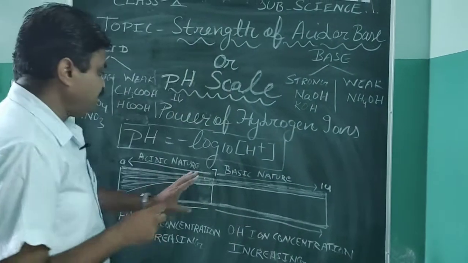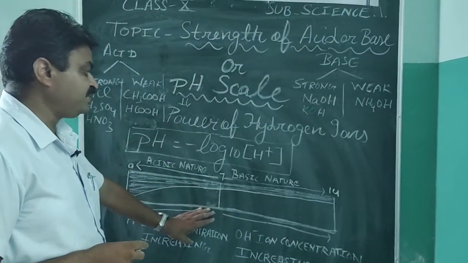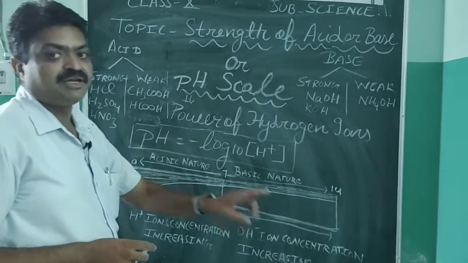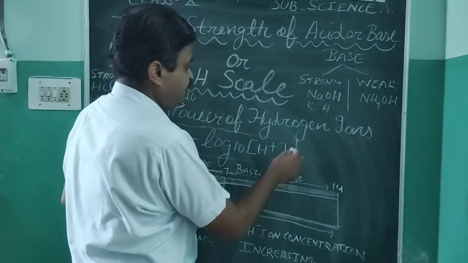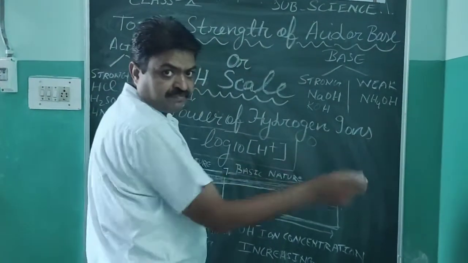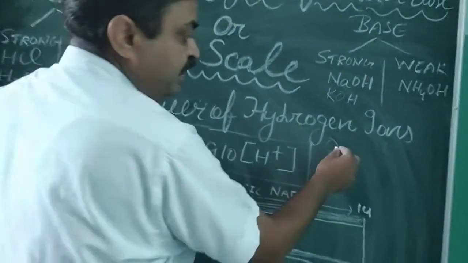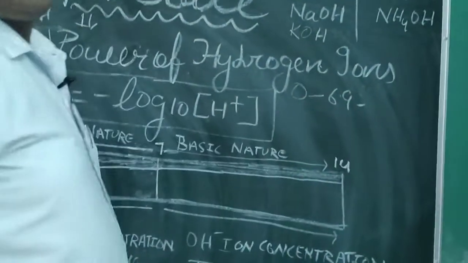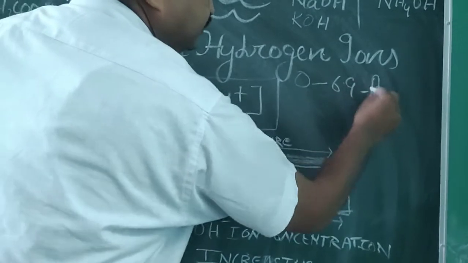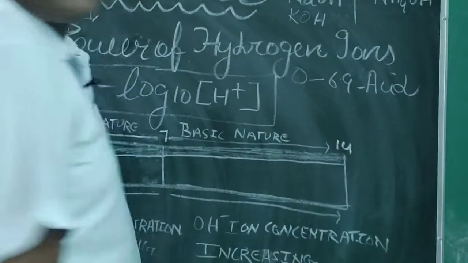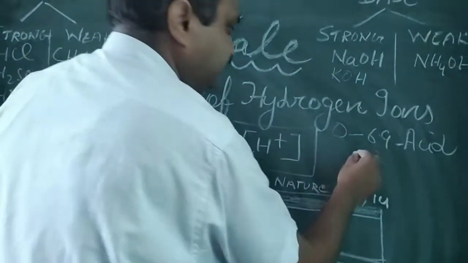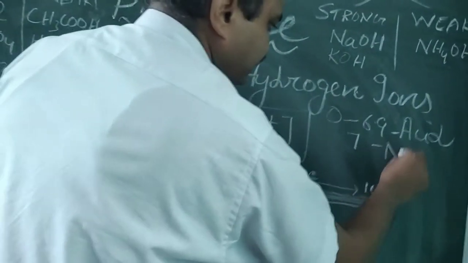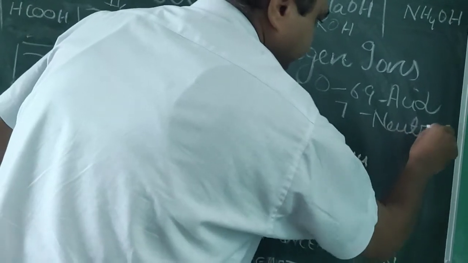So with the help of this scale we can measure the nature of a particular chemical substance. Like if the pH is between 0 and 6.9, then we can say that the particular substance is an acid. If the pH is 7, then we can say that the particular chemical substance is neutral.